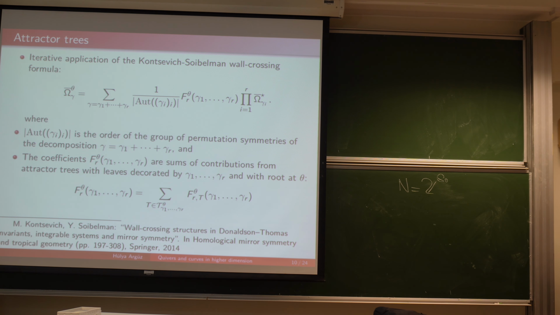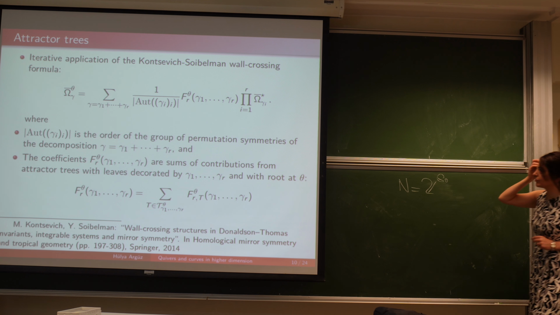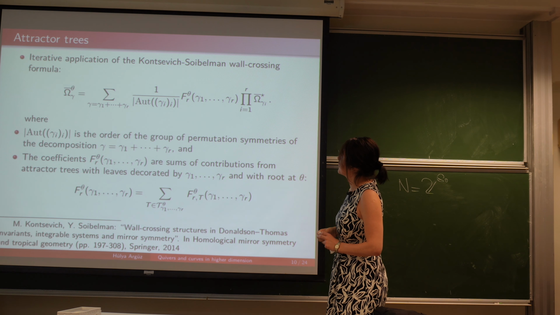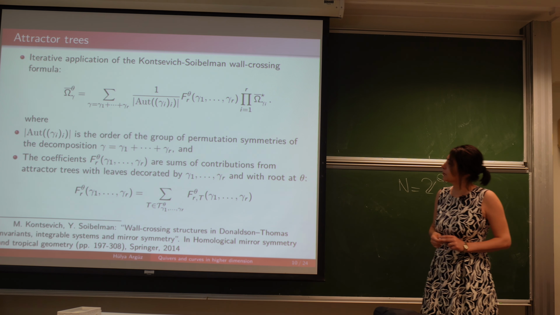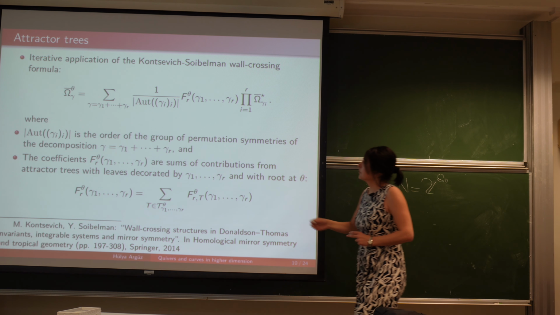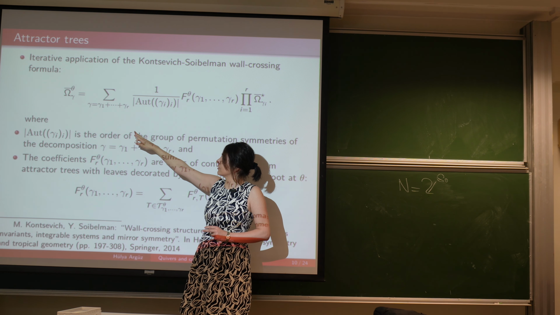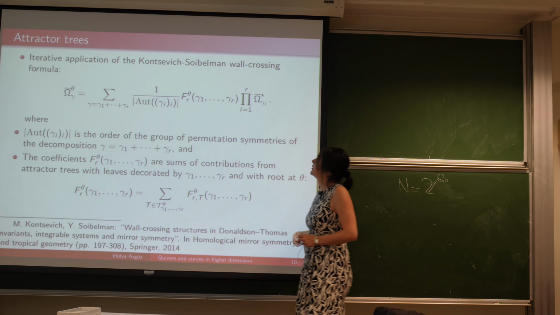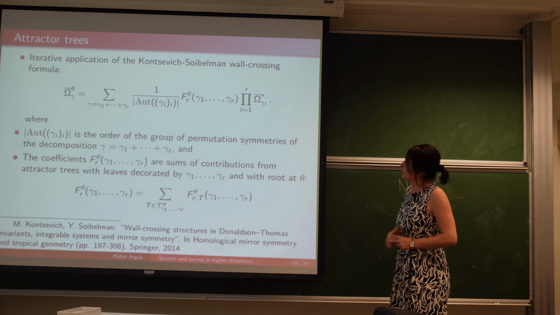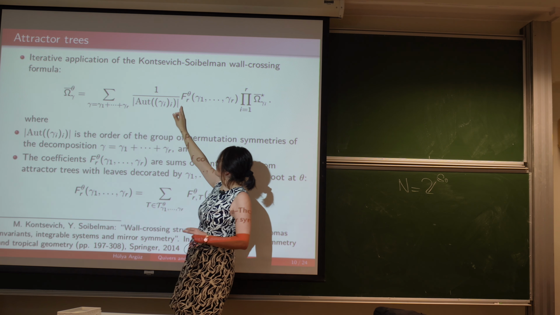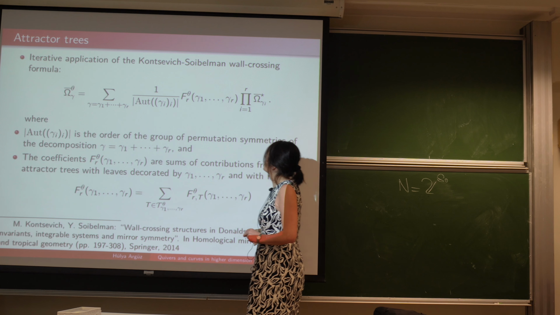Okay, and in earlier work of Kontsevich-Soibelman, back in 2014, they proved that if you apply iteratively the Kontsevich-Soibelman wall-crossing formula for these rational DT invariants, which fit well in the wall-crossing setting, you can show that any rational DT invariant for any stability parameter theta can be expressed in terms of attractor DT invariants, where there's, as usual, some automorphism of permutations.